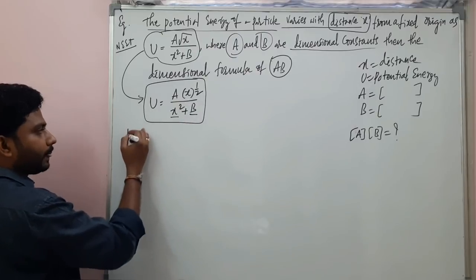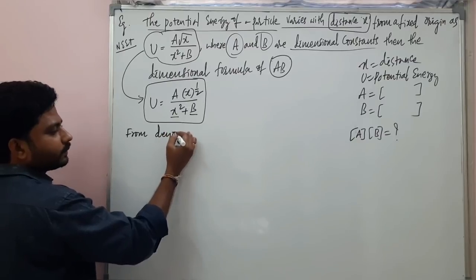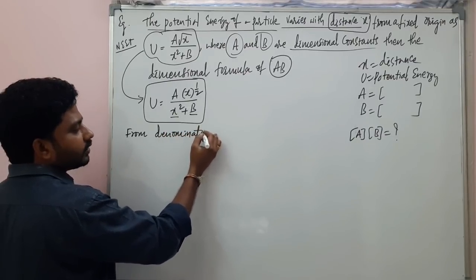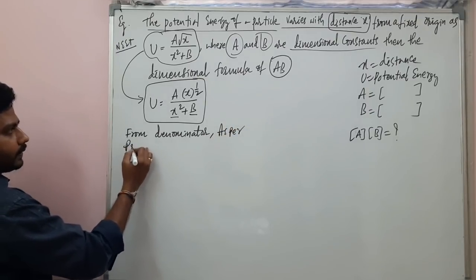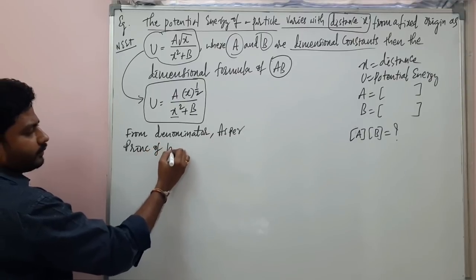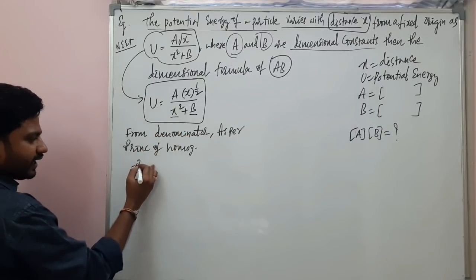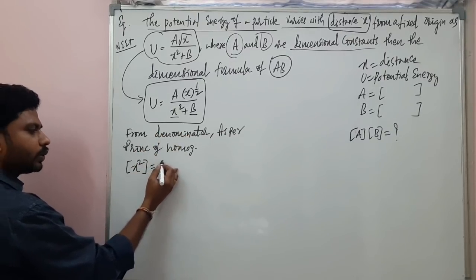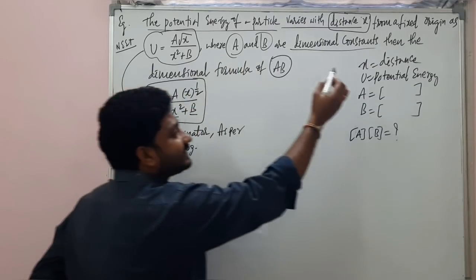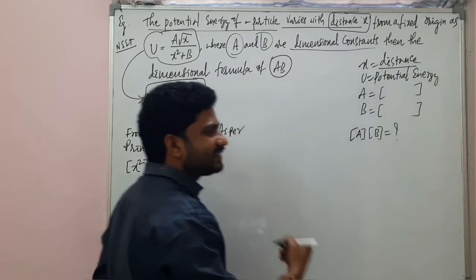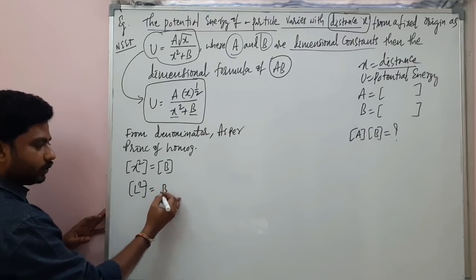So from the denominator, as per the principle of homogeneity, the dimensions of x square must be equal to the dimensions of B. X is the distance, and distance has the dimensions of length. So the dimensions are L square, which is equal to B.